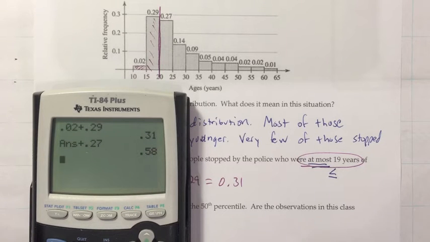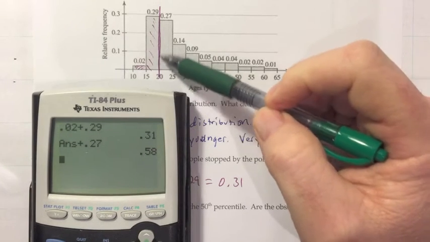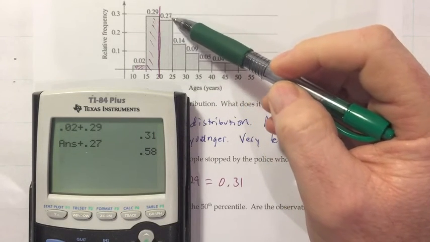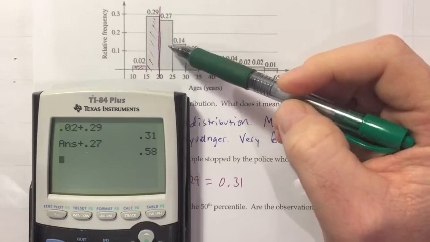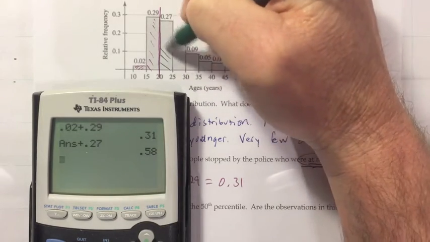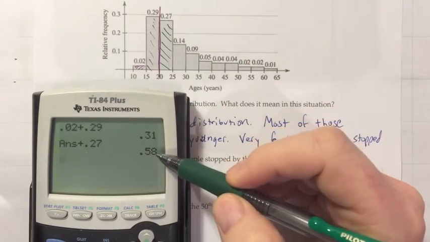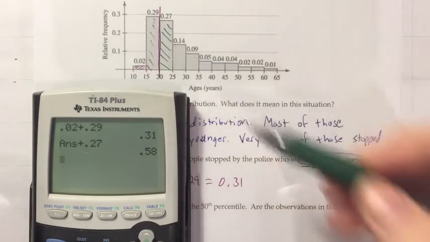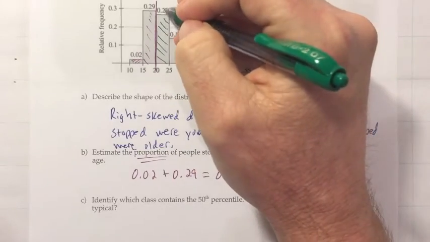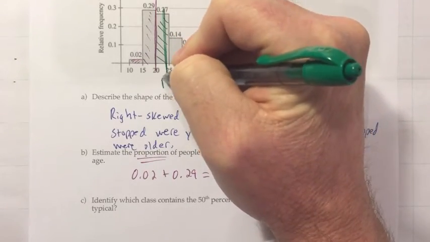So when we were right here, just finishing off the first two bars, we had 31%. By the time we ended the third bar, we had 58%. So somewhere in this bar right here, we went from 31% to 58. We must have crossed through 50%. So the 50th percentile must land somewhere in this bar.